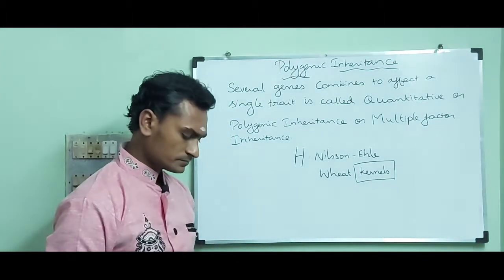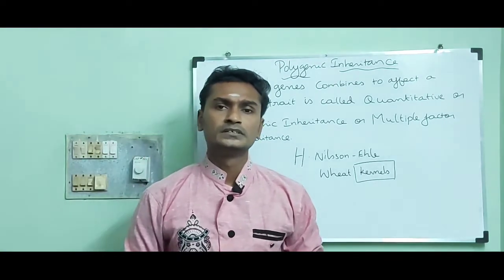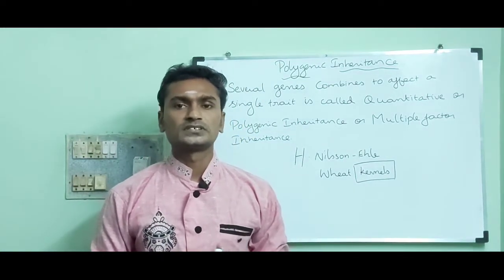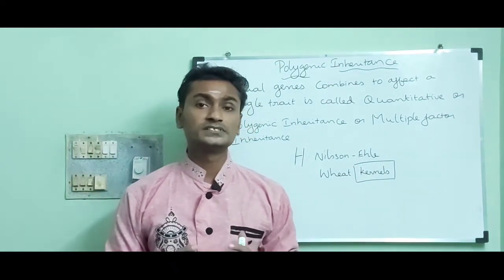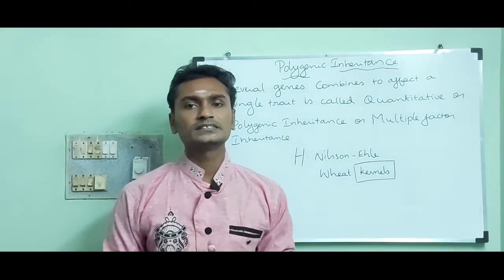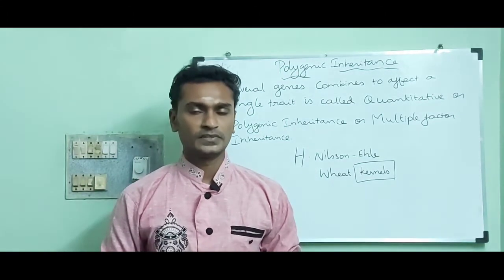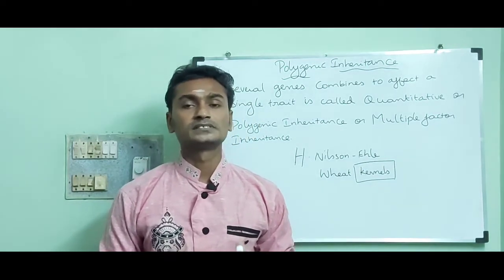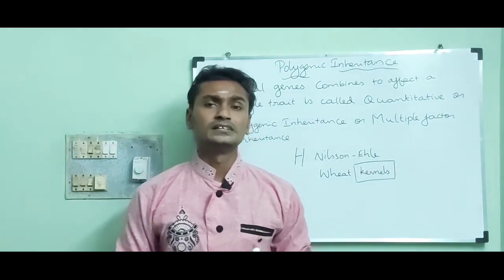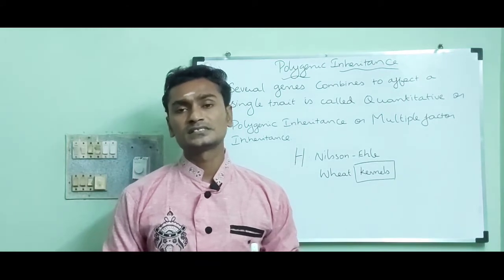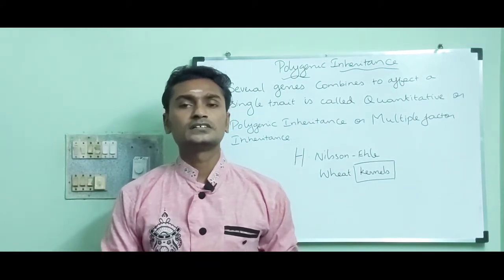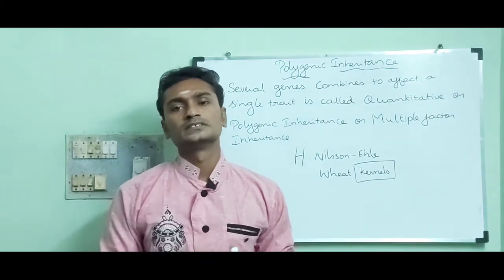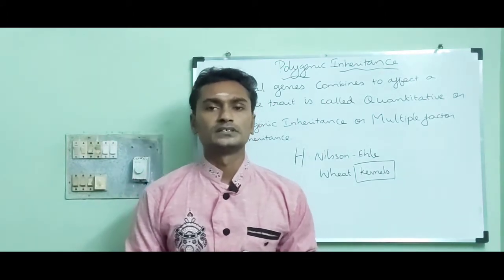Then in our book, two types of crosses are given. One cross with 2 genes, the other cross with 3 genes. Today I am going to explain the cross with 3 genes because later researchers discovered the third gene also affects the color of wheat kernel.